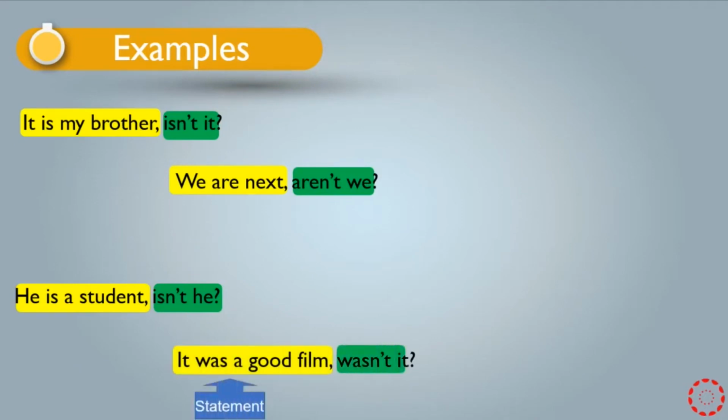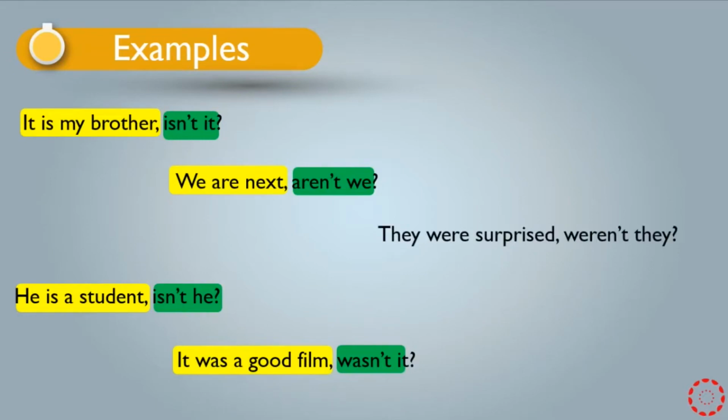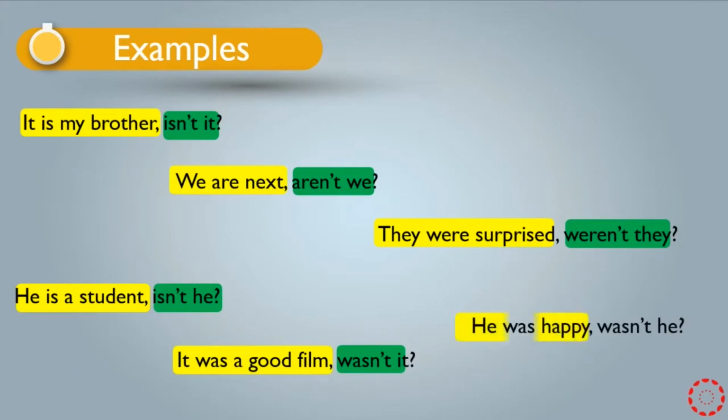So this one again is the statement, and this one is the tag, or we can say the question tag. Another one I have, they were surprised, weren't they? This one is the statement, and this one is the tag question. He was happy, wasn't he?